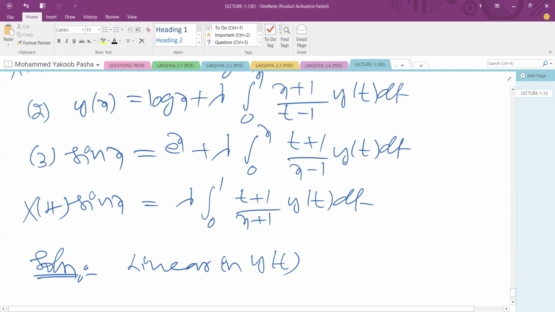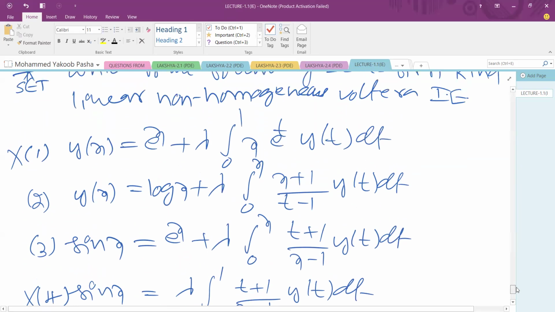If we multiply with y of t, that means a function of t contains more than 1 degree. So what is the right option? Option 2 or option 3, sir? Okay, for 1 second. Both are the same now, sin x, y of x. Why is it 3?